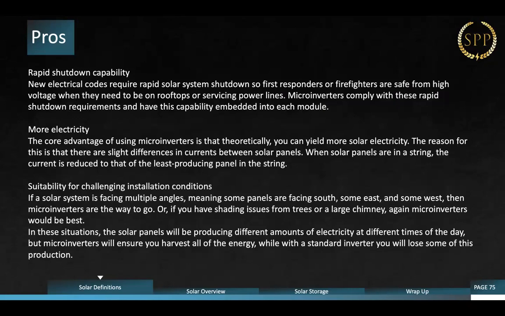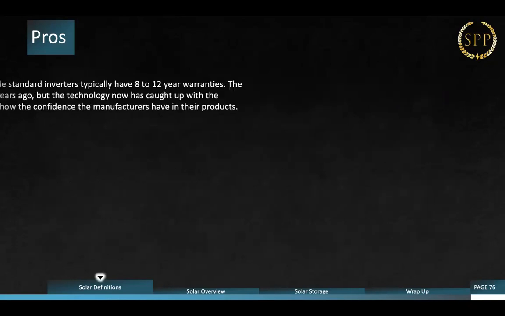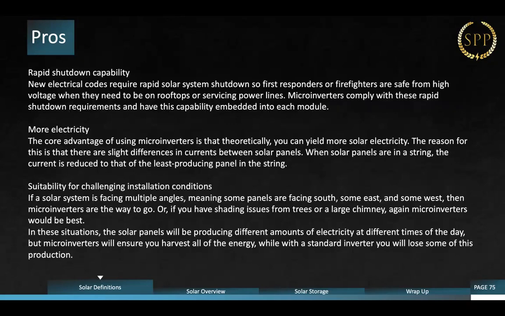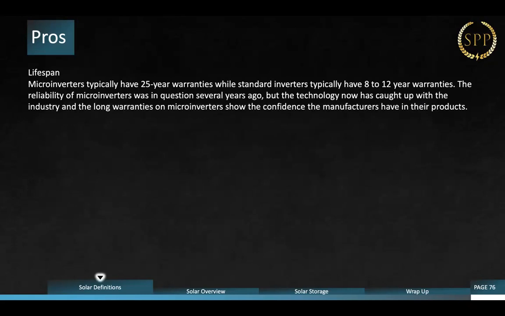You're going to get indirect sunlight on the east facing panels, but you're going to get the west facing panels producing all the direct sunlight. Well, the issue with that is that now in a string system, they're probably tied together, which means that they're still only going to be operating based off what the lowest producing panel is. With microinverters, each panel works independently, so that's not going to be causing any type of an issue. So if one panel goes out, only that one panel is affected.